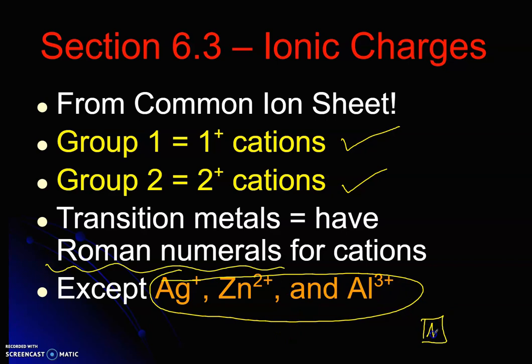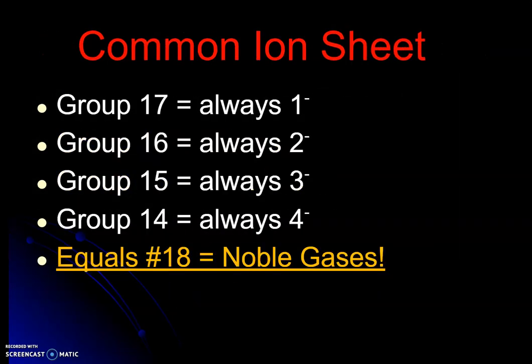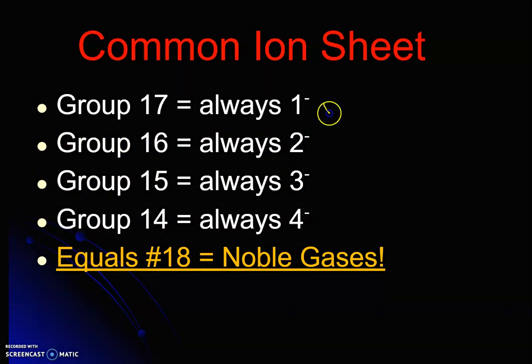And you have your silver, and then you have your zinc, and then you have your aluminum, in your columns 11, 12, and 13 with your 1+, 2+, 3+. And then your anions are going to have your halogens be a 1- in group 17. Group 16 will be a 2-, 15 will be a 3-, 14 will be a 4-. They want to get to be a noble gas.